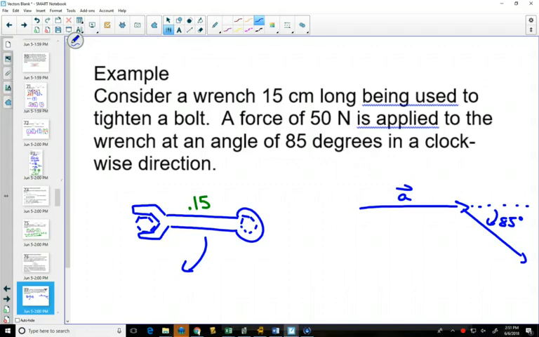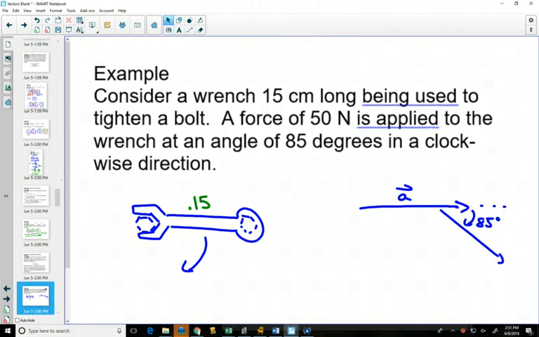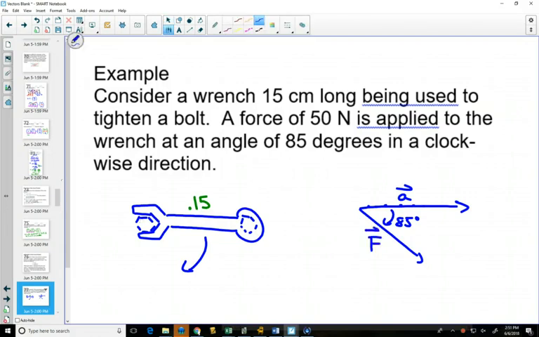Now, when we show the cross product, the cross product is always tail to tail. So we take this vector that we just drew and join it tail to tail. So our 85 degrees will be between the two vectors. And this is our force vector, and we know that our force vector is 50 newtons with 85 degrees there.